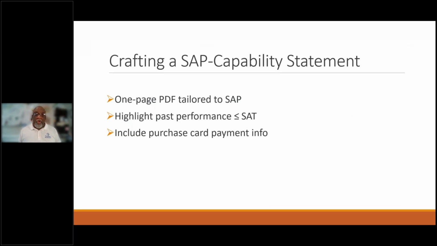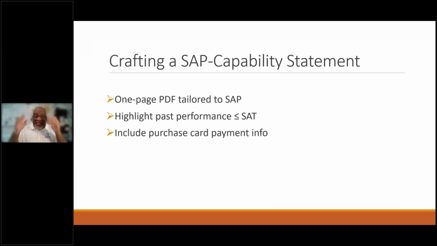You can have as many as you want, but I would have one that is hyper focused on simplified acquisition procedures: work that you've done below the simplified acquisition threshold and work you've done at the micro purchase threshold. All that information, in hyper focused capability statements.